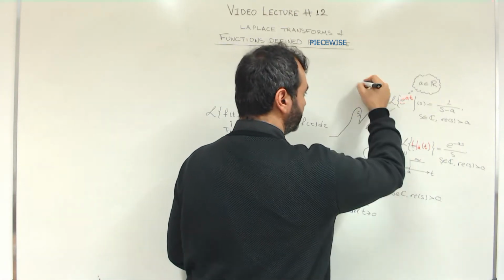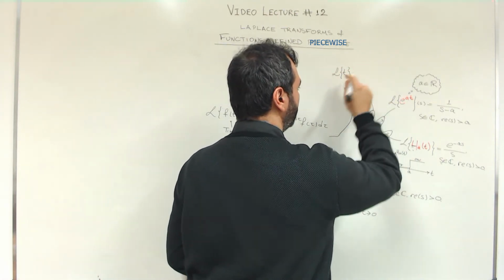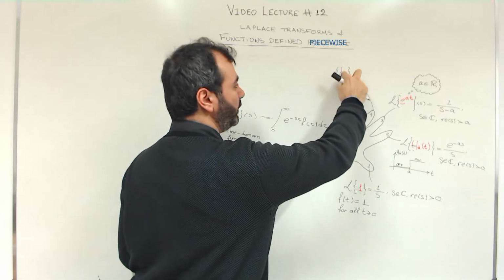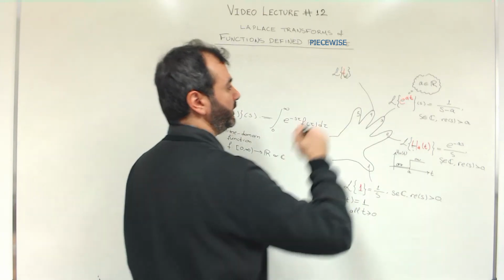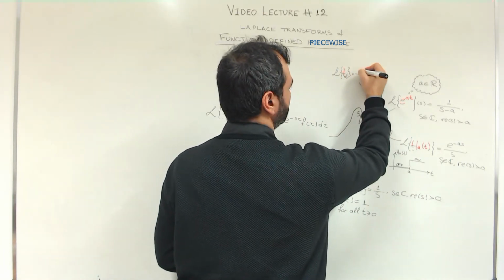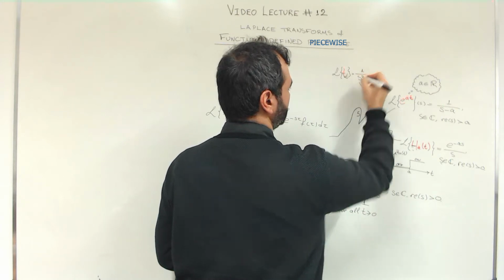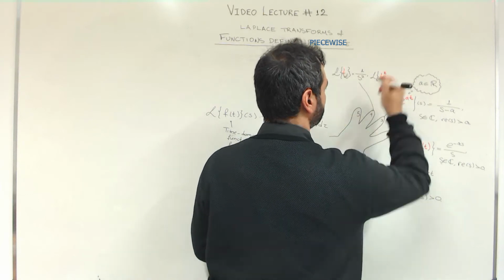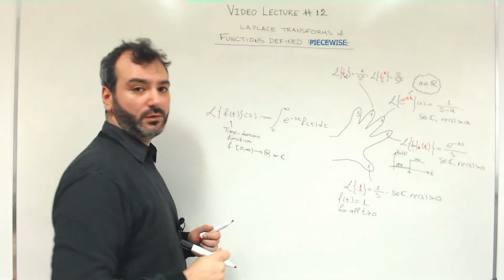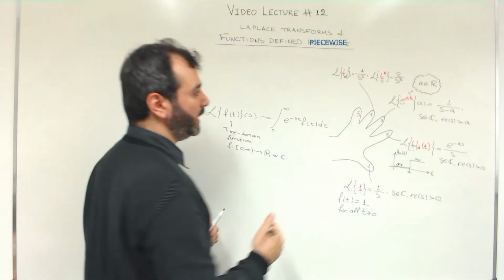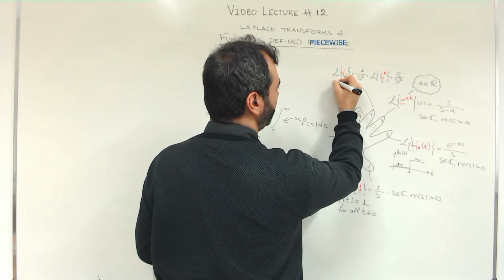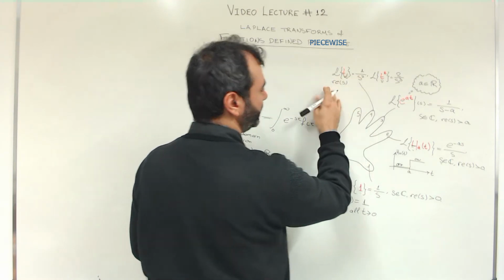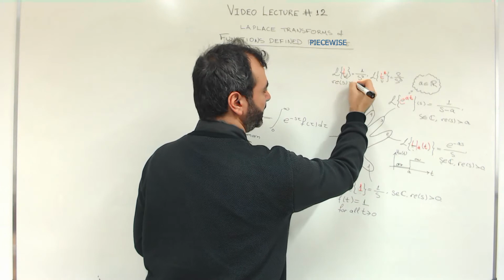Then we also found the Laplace transform of t, and we found this to be 1 over s squared. But we also found the Laplace transform of t squared, and we found this to be 2 over s to the third power. These are all defined for complex numbers s with a positive real part.